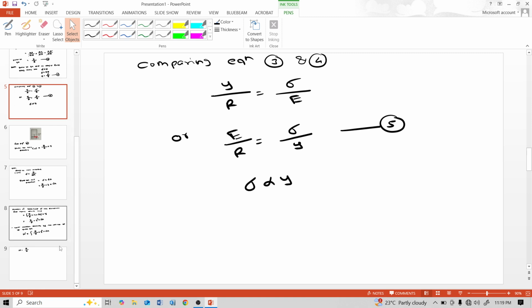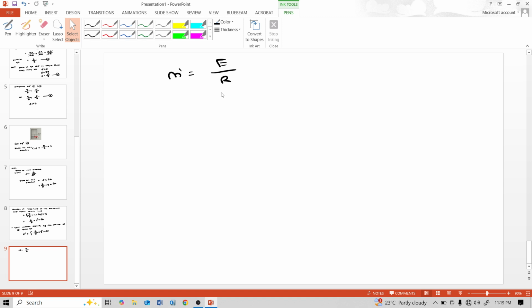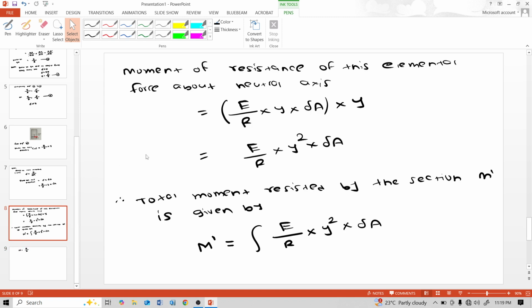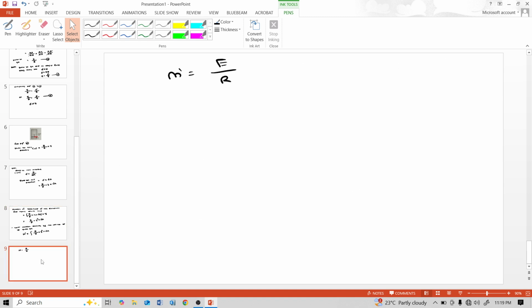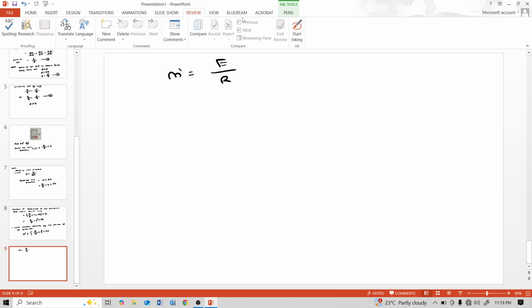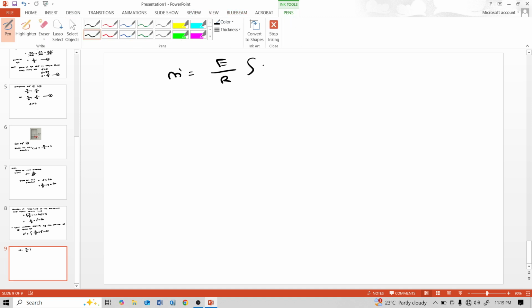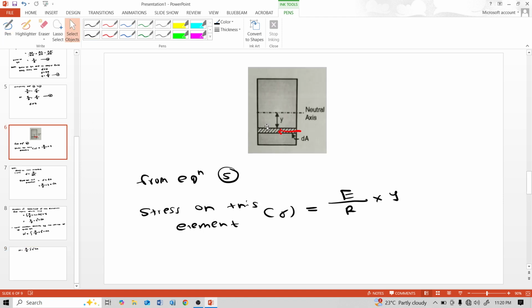Then the integration of y square into delta I. This y square into delta I is nothing but the moment of inertia.